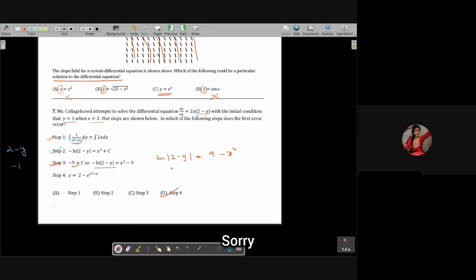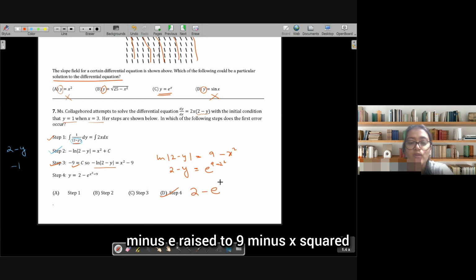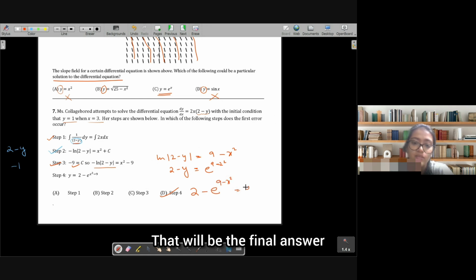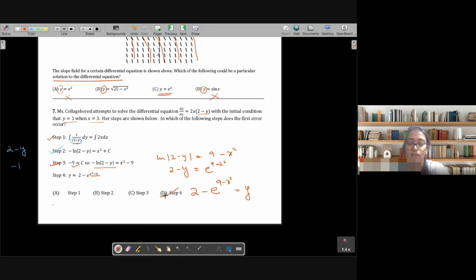Okay, it's good now. 2 minus y will be e raised to 9 minus x squared. So y will be 2 minus e raised to 9 minus x squared. That will be the final answer. But we have 2 minus e raised to x squared minus 9. That is the error.